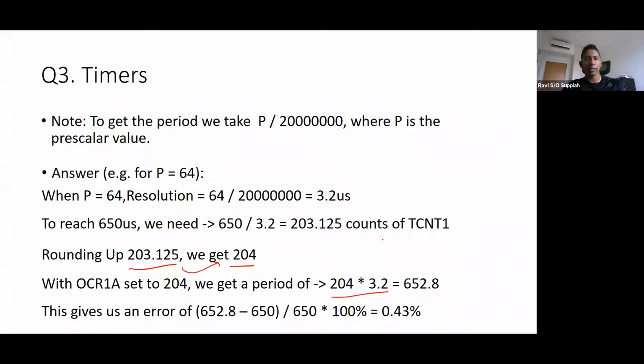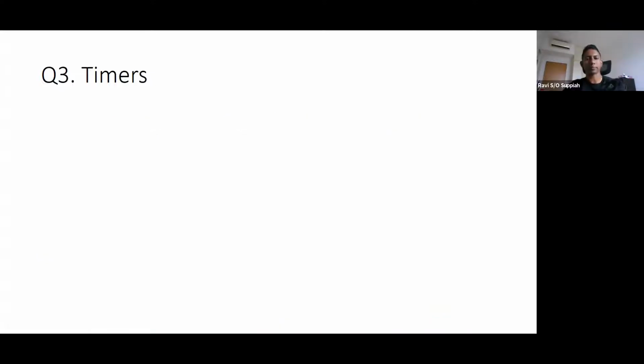This error will always be there unless you get a perfect multiple. That means the rate at which you increment the counter can be multiplied by a number and perfectly give you the actual rate that you want. But in many cases you may not get the actual number, so there will be some error you need to deal with.